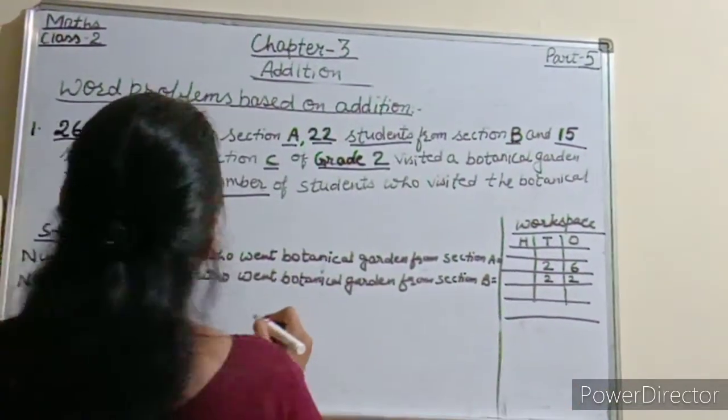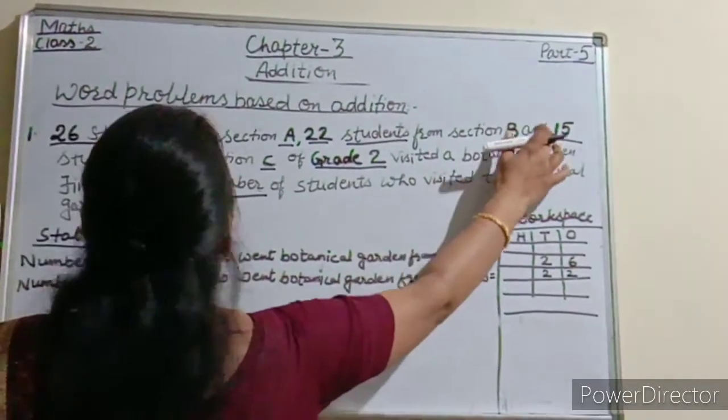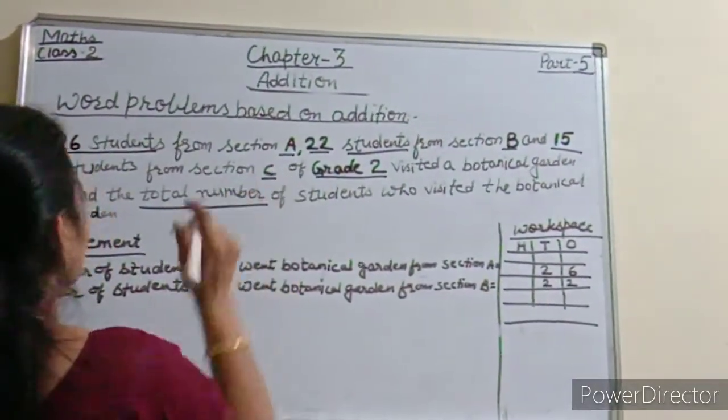Now next, and 15 students from section C.